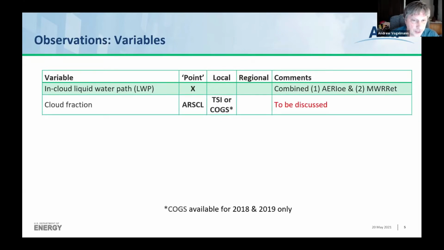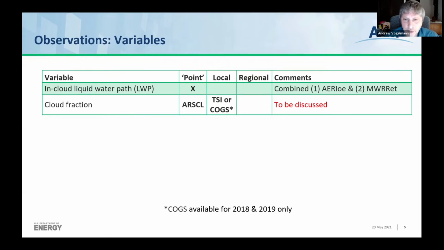Next, cloud fraction. We have RSCL, TSI, or COGS. TSI and COGS were just briefly introduced in the prior slide. RSCL is a combination of radar and LiDAR data, and through that combination determines where clouds are located within the column.